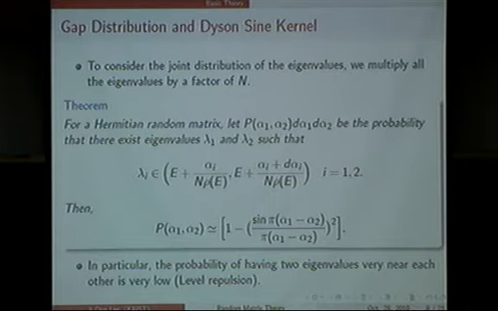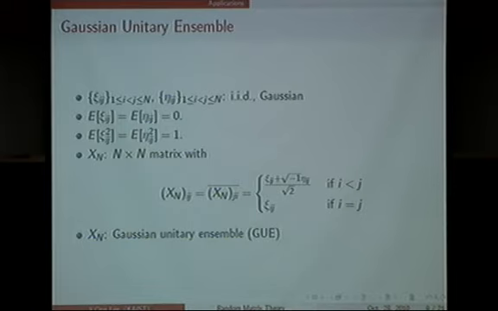So these are just the introduction to the basic theories, and now the applications. Before we go to the applications, I just want to show the Gaussian unitary ensemble, which consists of Hermitian matrices. If you have psi ij and eta ij, all of them are IID, meaning independent and identically distributed Gaussian, with mean 0 and variance 1. In this case it is 1, and we had 2 before; there's some reason, but I'm not going to explain it.